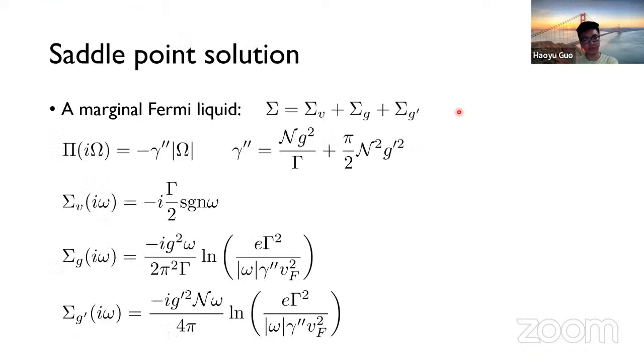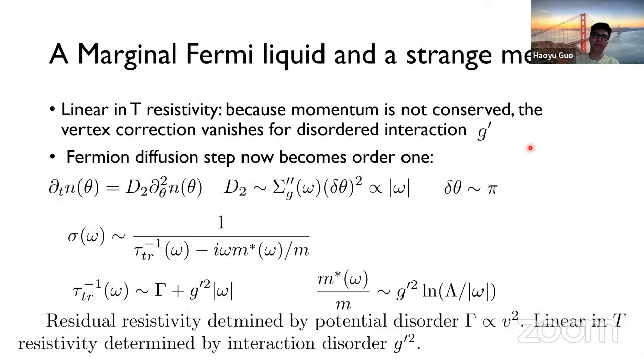You could again try to solve the saddle point equations, and you find that both the translation invariant and the disorder coupling give rise to a marginal Fermi liquid self-energy. And then what we found is that in this problem, we actually can get a linear resistivity from this G prime coupling.